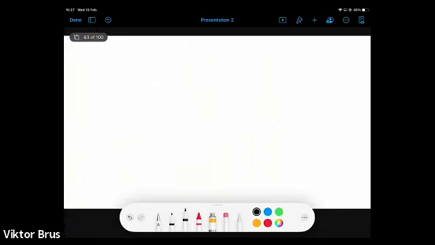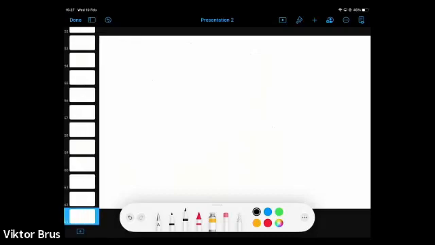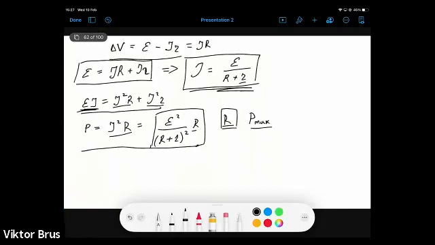Let's go to another slide so we have enough space. Let's write again this equation. It's like this one.